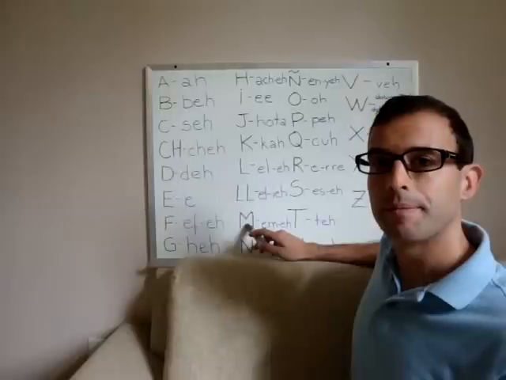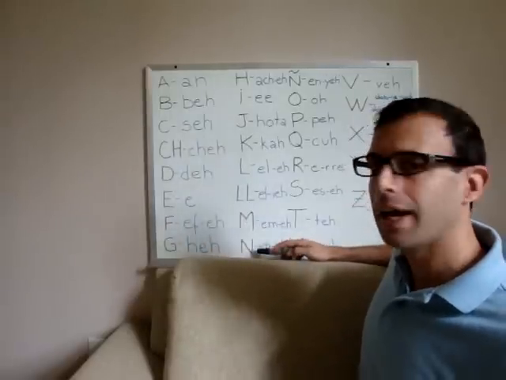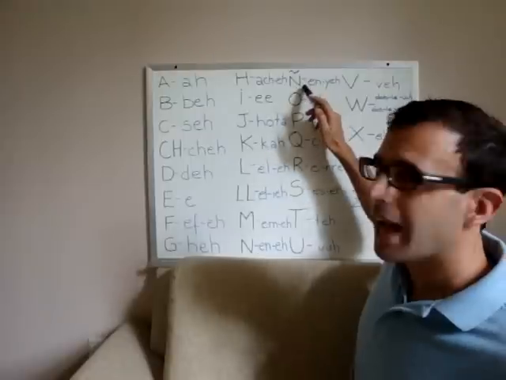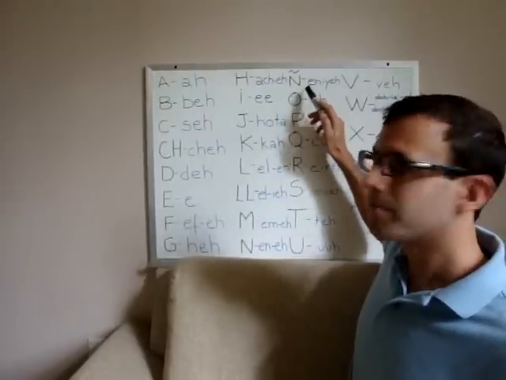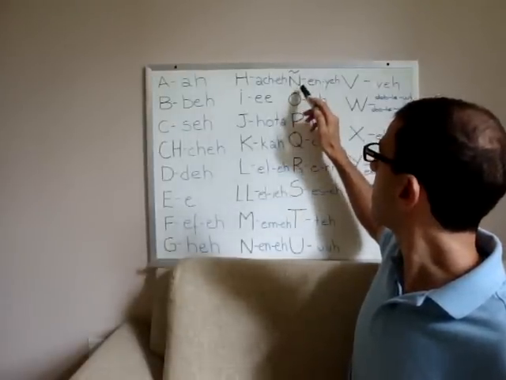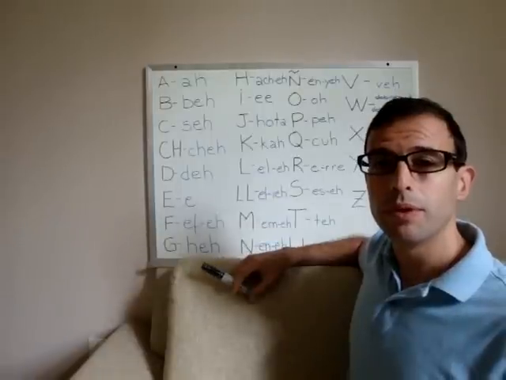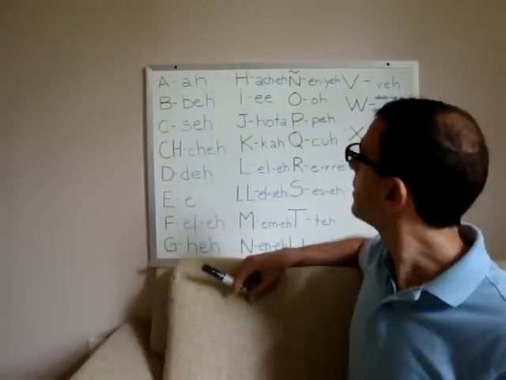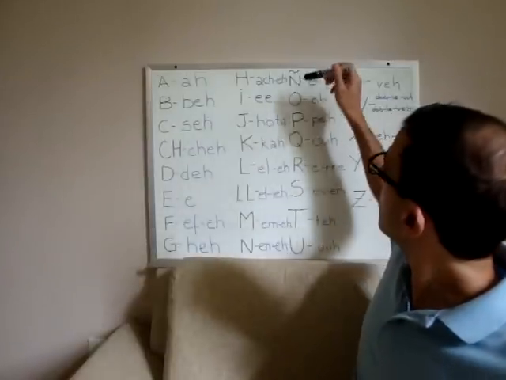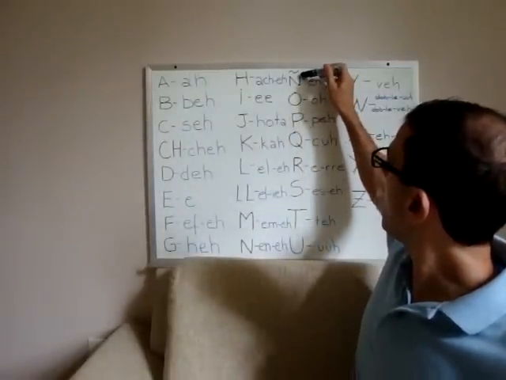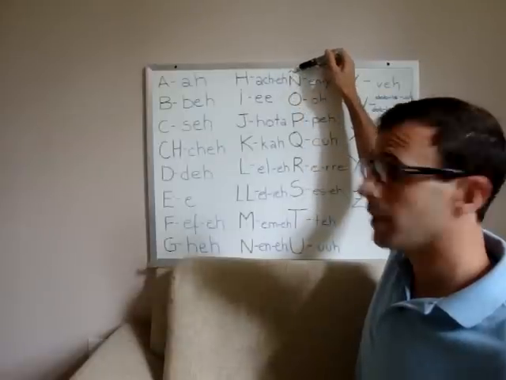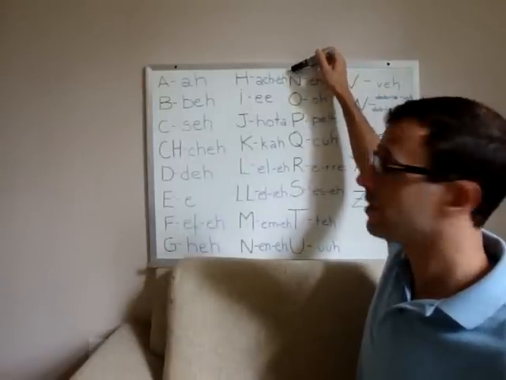M, N, ñ. This sound would be similar to the GN in Italian. This is written like an N with a tilde on top, like a wave.